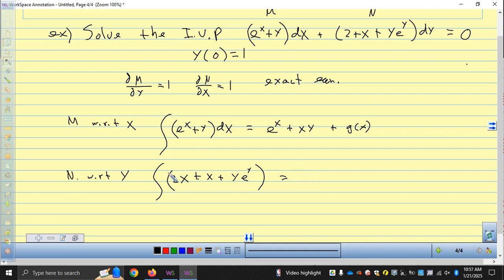You added an extra x. Is this just a 2? Yes, 2. Oh, and I need a dy. 2y plus xy plus, this is an integration by parts. This one comes up frequently enough, we might memorize it by the end here.